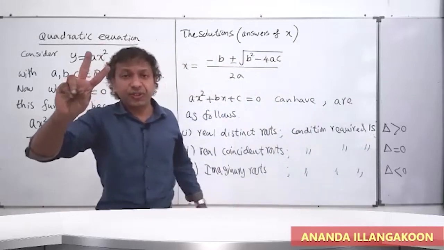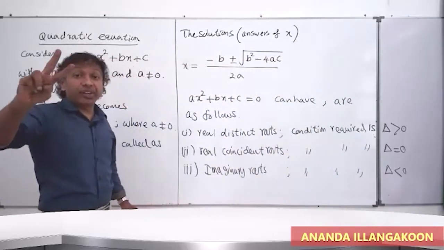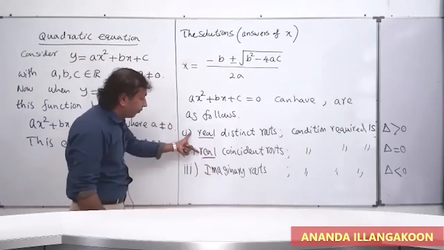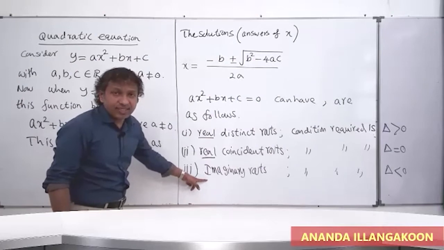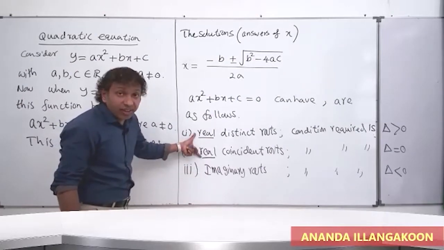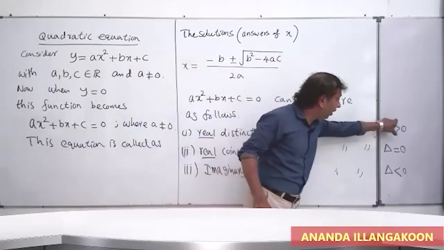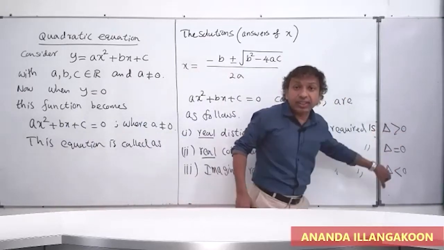Real roots arise here and here. Imaginary is the only case where there are no real roots. Otherwise, real roots occur on 2 occasions. The condition required is delta greater than 0 or delta equal to 0.